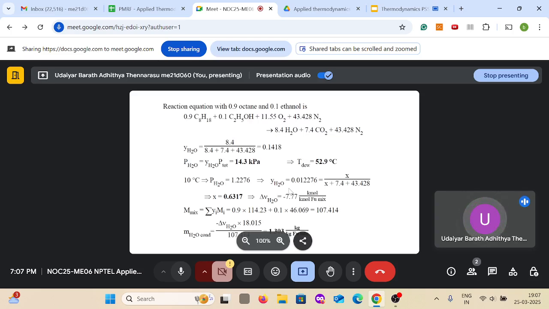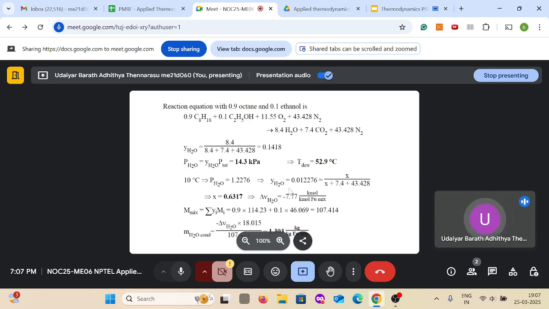So that is the mole fraction of the water, which equals x moles divided by x moles of water plus 7.4 moles of carbon dioxide plus 43.428 moles of nitrogen. So the only unknown is x. We can find out x, which comes out to be 0.6317.